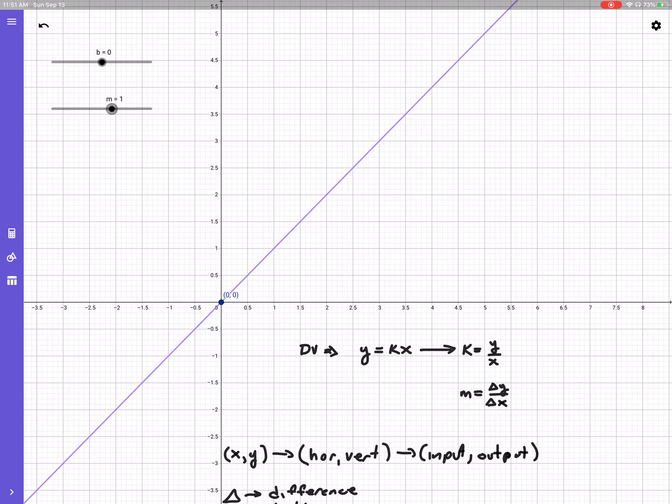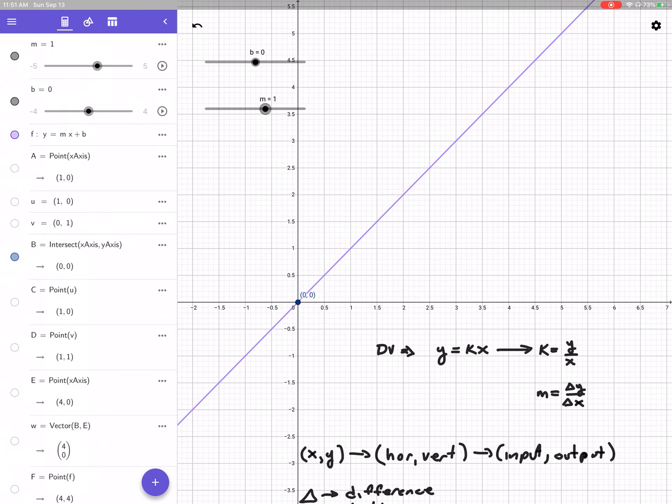So, if you note on a direct variation, the b is 0, right? So that means that all we're dealing with is y equals mx. Well, I don't know about you, but that looks very similar to the direct variation equation.